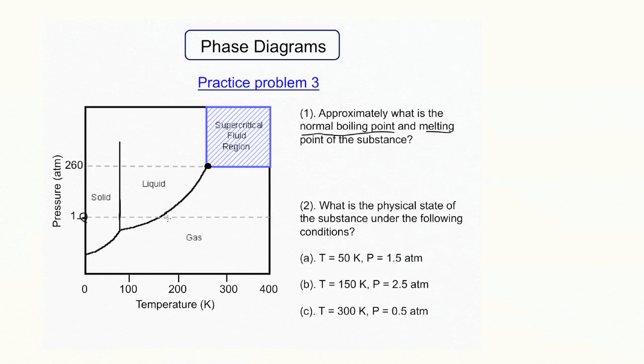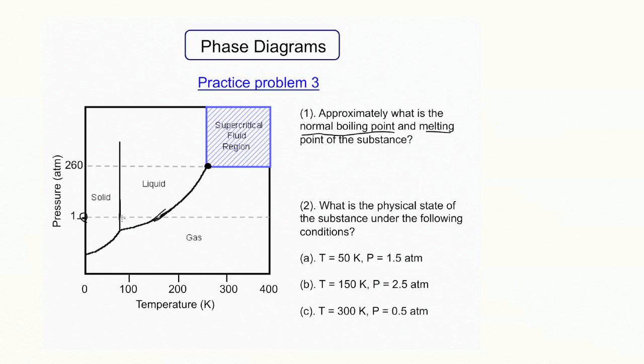Now, the boiling point means you go from liquid phase to gas phase. That means you are talking about the phase change on this line. So how do we identify the normal boiling point and melting point? You start from here, 1 atmospheric pressure. You draw the dashed line, which is parallel to the temperature axis, which means you change the temperature without changing pressure.